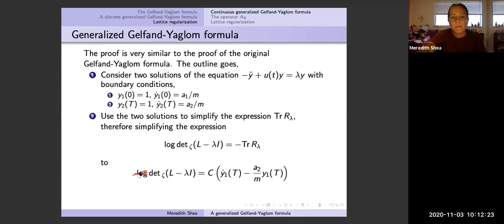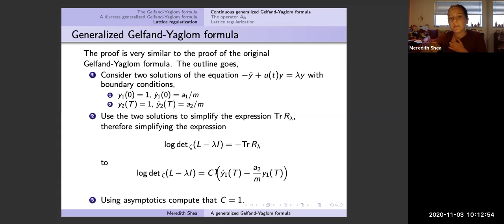And so to solve for that C, that mysterious C, we just have to use asymptotics. So we look at the zeta regularized determinant using contour integrals. And using contour integrals and looking at lambda going to minus infinity, I'm able to get some asymptotics of this.